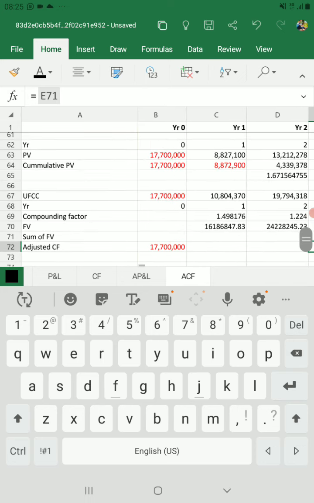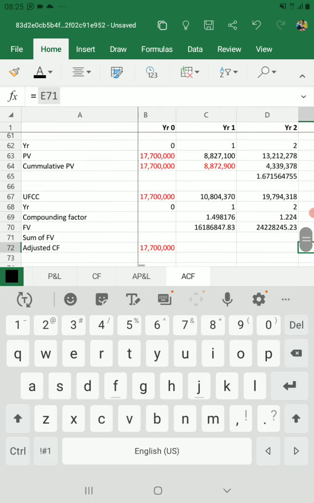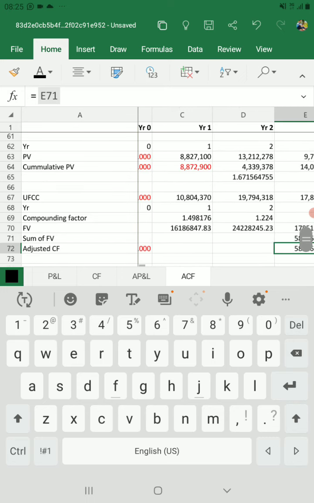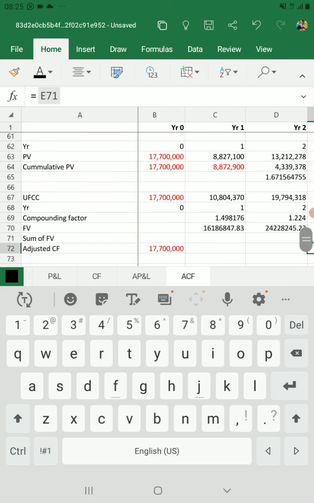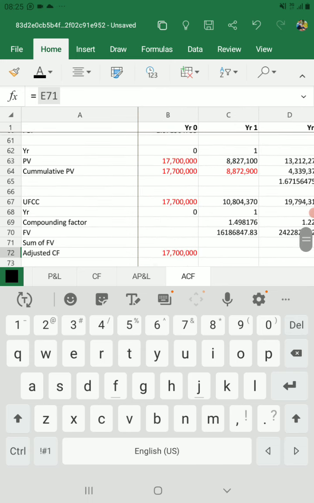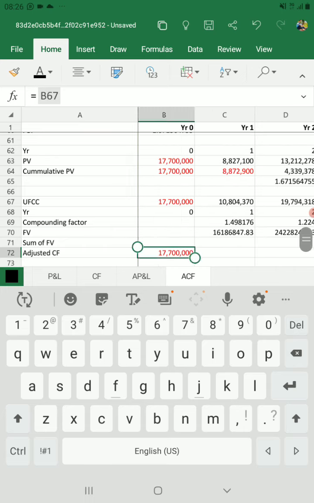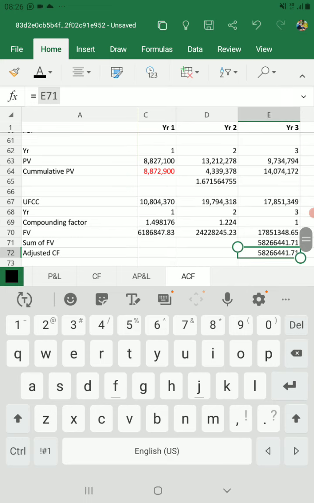Now, the modified internal rate of return is applied by establishing the compounded annual growth rate from here, year 0, to this future value here, to establish compounded annual growth rate from year 0 to year 3.